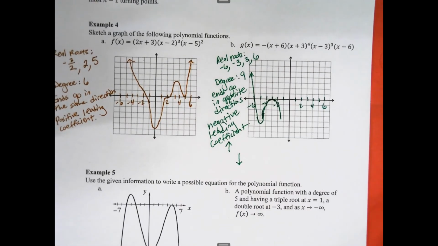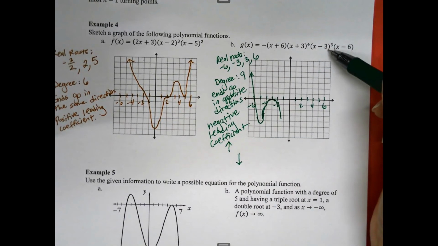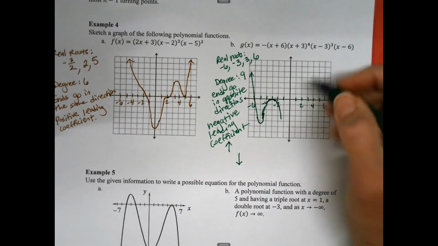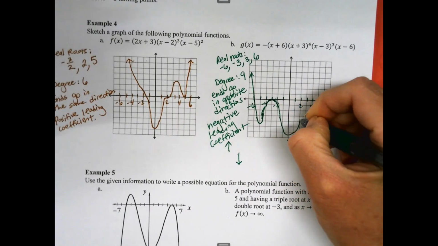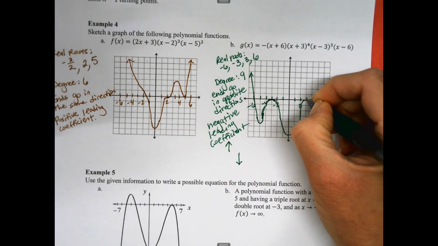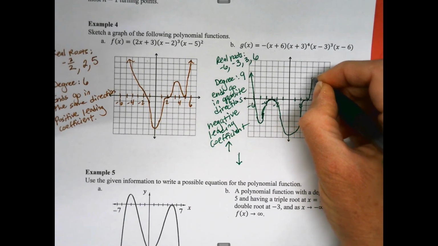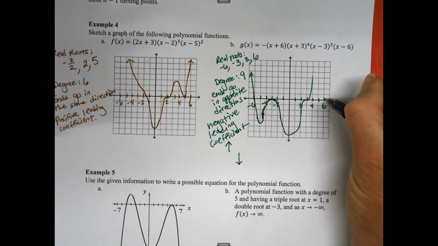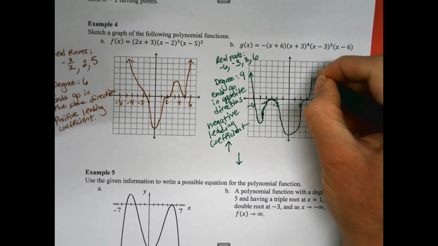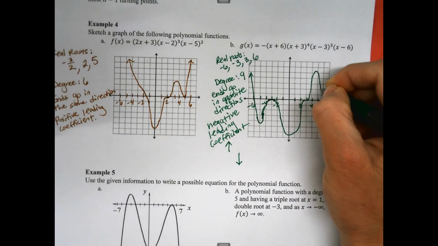Turns around again. And then at +3, we're going to go and flatten as we go through. So it's going to get flat as it goes through at 3. And then it'll turn around and cross through at +6.